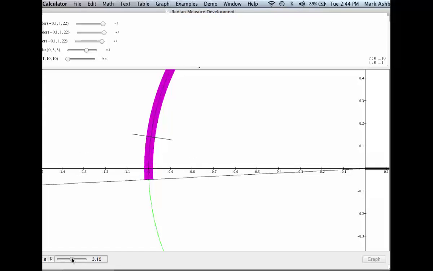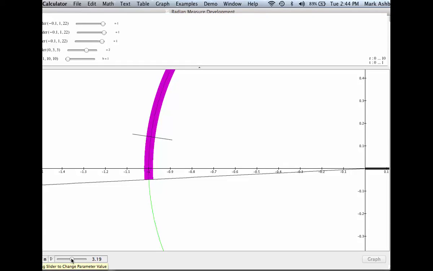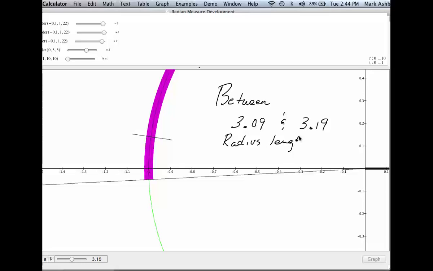Here's 3.09. That's not enough radius length. And then if I go my next click, it's 3.19. That's too much. So it's something between 3.09 and 3.19 radius lengths to get exactly halfway around.